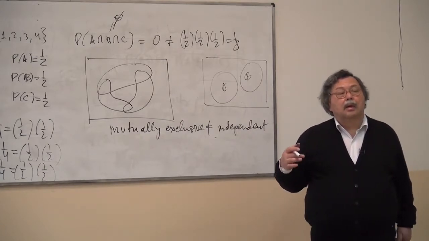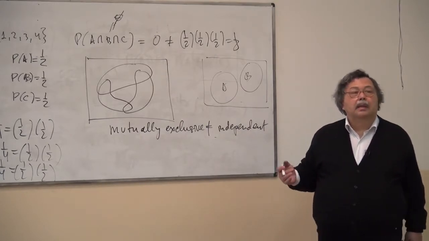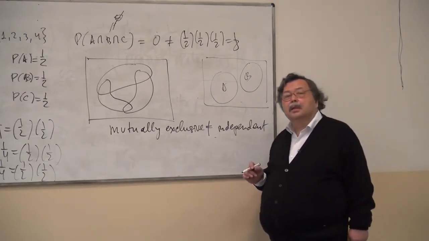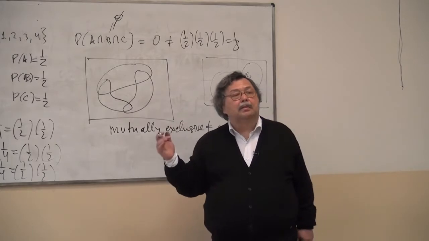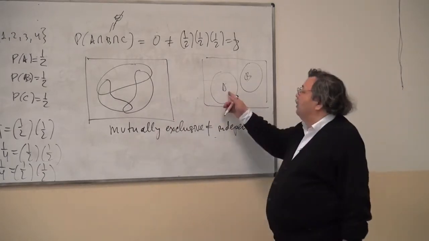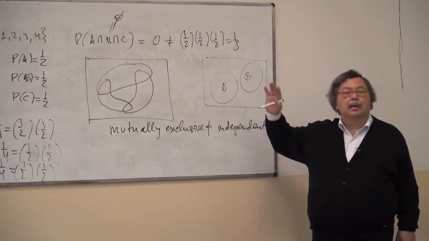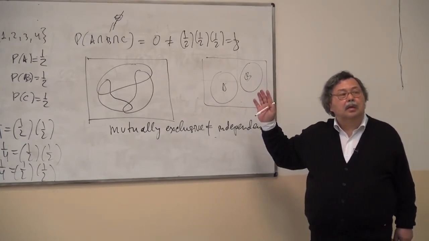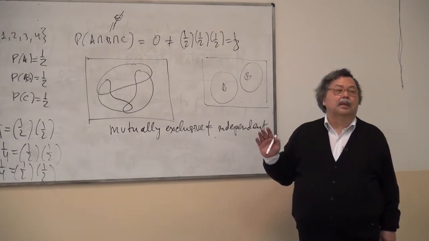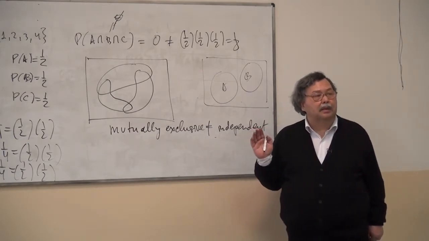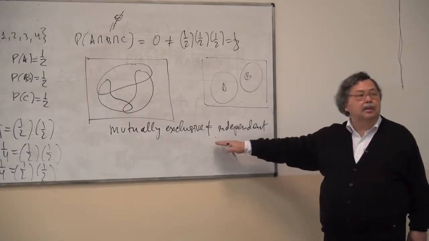They are not only dependent, actually it's an extreme case of dependence. If one of them occurs, the other one cannot occur. The other one is excluded, which is definitely not independence. It's a very strong case of dependence. So please do not confuse these two concepts.